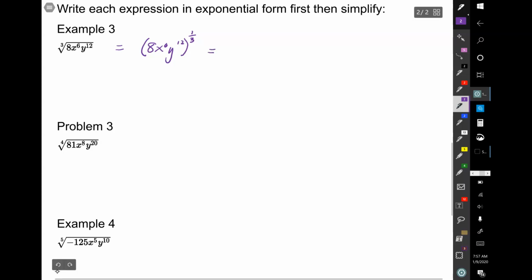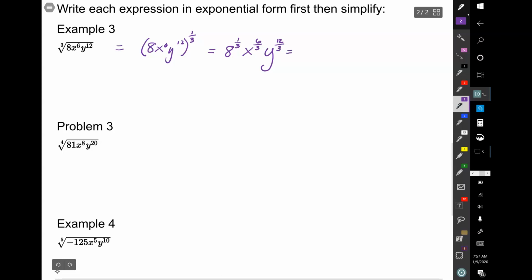So you would do the power rule, product to power rule. So we have 8 to the 1/3. Then we have x to the 6 times the 1/3, so that would be 6/3, which you could calculate out right away, but I want you to see what's happening. Y to the 12th times 1/3 would be y to the 12 over 3.